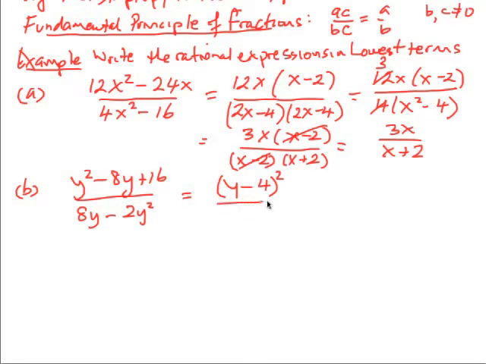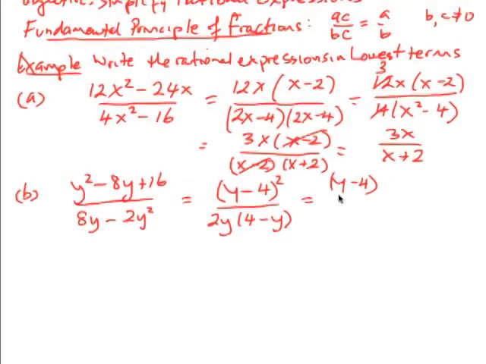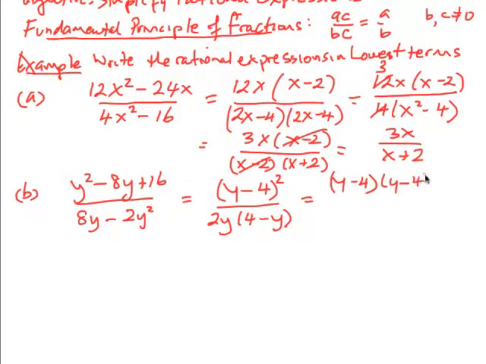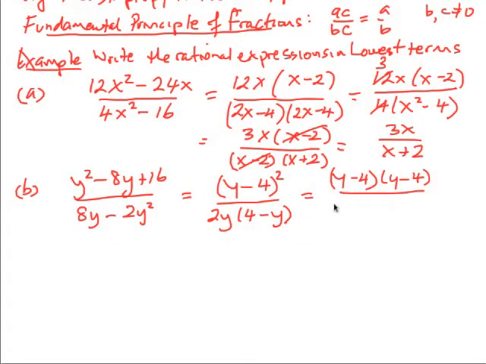Over, and of course we can take out a 2y here, and I'll end up with a 4 minus y. So this would become y take 4 by y take 4 over, I'm going to take out a negative sign here, negative 2y, and the negative sign will allow me to spin this around.